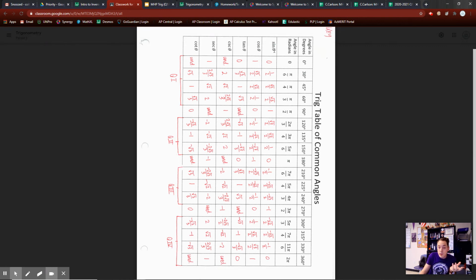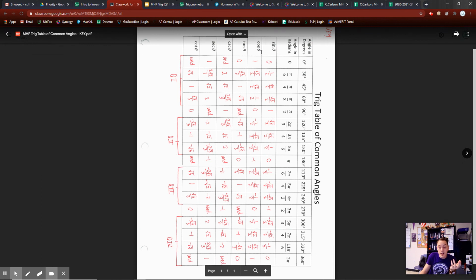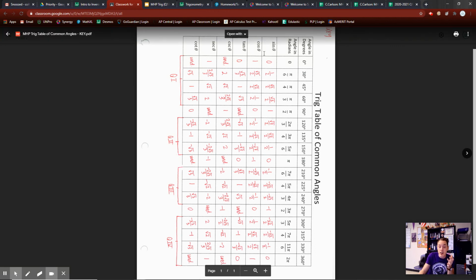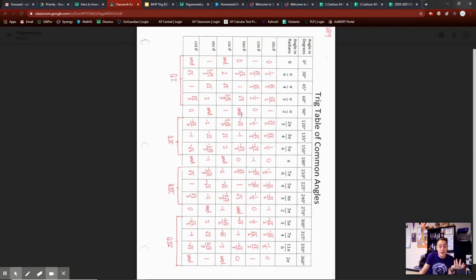Because look at sine and cosine. It's lopsided, you kind of have to bend your head a little bit, but just look at sine and cosine. Sine is 1, cosine is 0. What's tangent? Sine over cosine. So tangent is sine, which is 1, over cosine, which is 0, that means it's 1 over 0, which is undefined.